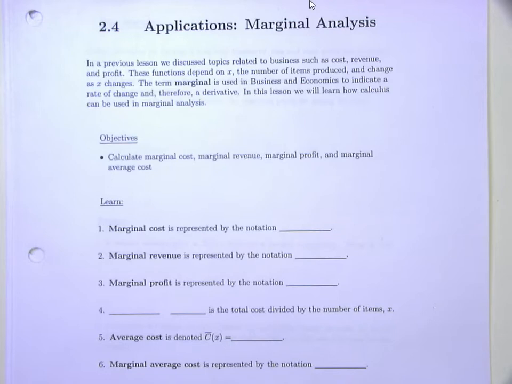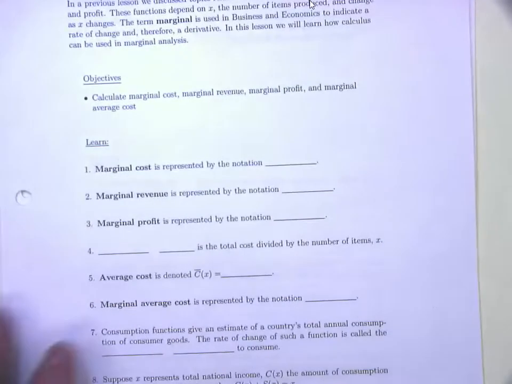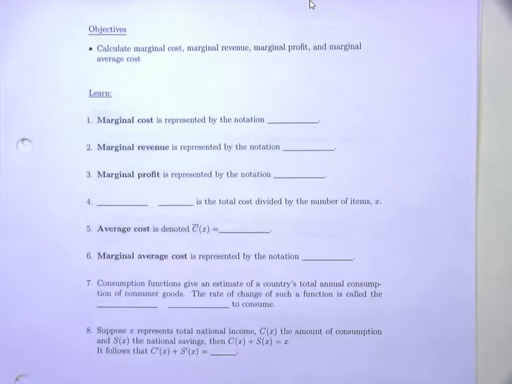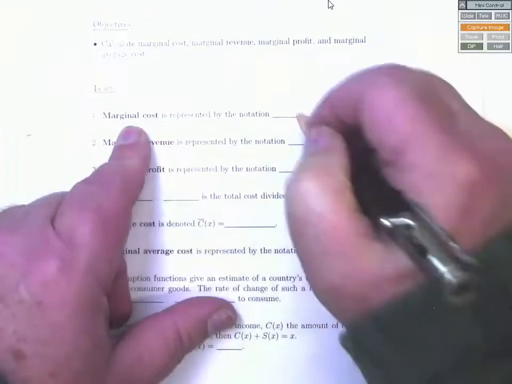So in terms of our learn mode, and hopefully you watched the learn mode before you came to class on section 2.4, the marginal cost is represented by what notation? Well, cost is represented by what? What was my symbol for cost? Big C of X. So marginal means what?